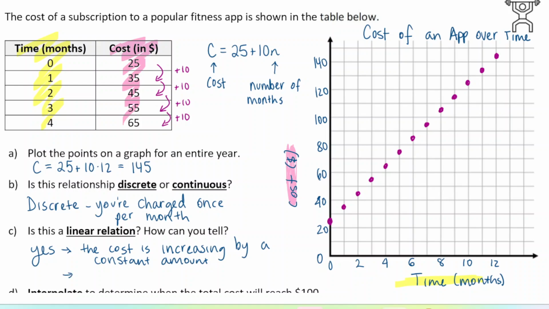That means the relationship is linear because it's increasing by a consistent amount. The points on the graph are in a line. I sometimes tell students, the word linear has the word line in it, and that's how you can remember that your points will line up in a straight line.